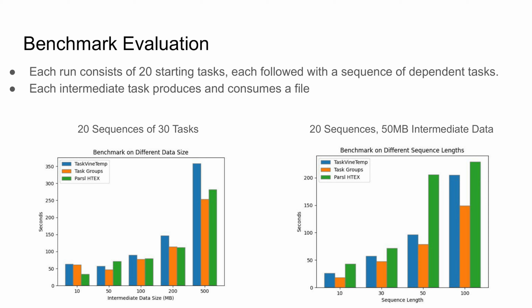The total amount of files that we're writing to the shared file system with the high throughput executor gets greater, and we see the most profound impact there. And to give you an idea of the order of data size that's being created, with the last item, 500 megabyte intermediate data, 20 times 30 tasks, that's 600 times 500 megabytes. So 300 gigabytes of data is being created in total.